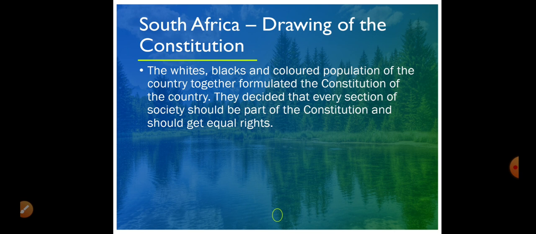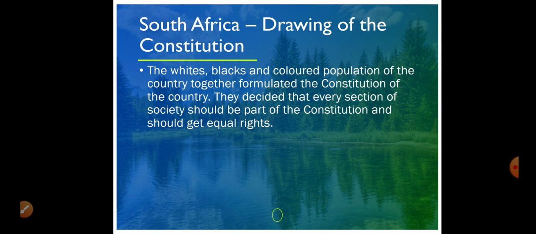South Africa, the drawing of the constitution. Actually, there is quite a difference between the independence of India and South Africa. In South Africa, there was not the bloodshed there was in India, between both black and white.